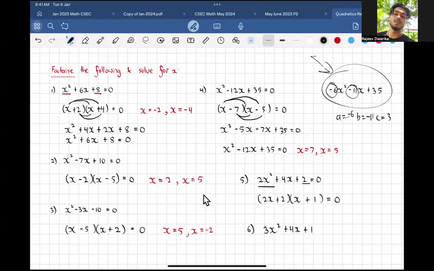So they get 3x squared, what do you say? 3x by x. And let me look at the last term. I'll make it real easy for you. What's the last term? 1. What's the only way you can multiply to get 1? 1 by 1. So if you switch it, it wouldn't matter. That's supposed to be a nice question to practice with.